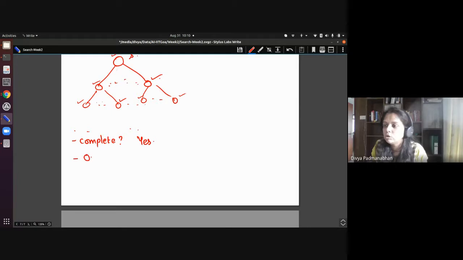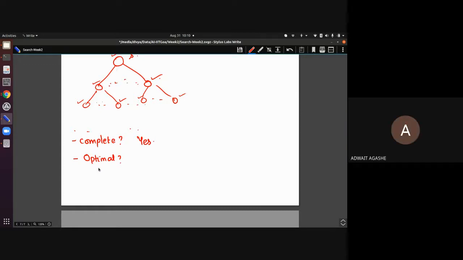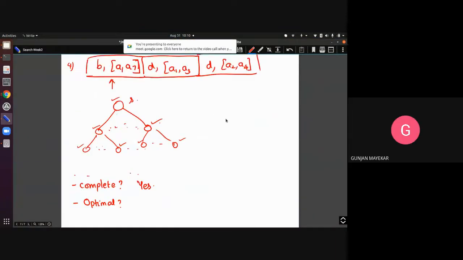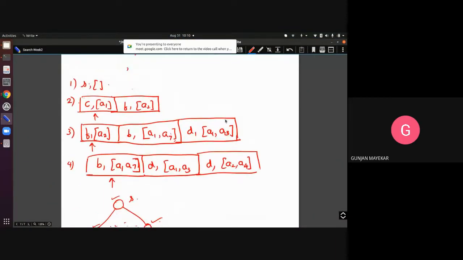Now, is it going to be optimal? Is it going to give you the smallest sequence of actions? No, ma'am. I think because in the previous example we have visited D node twice. If the weights assigned to all the actions are the same, then it will be the optimal solution.